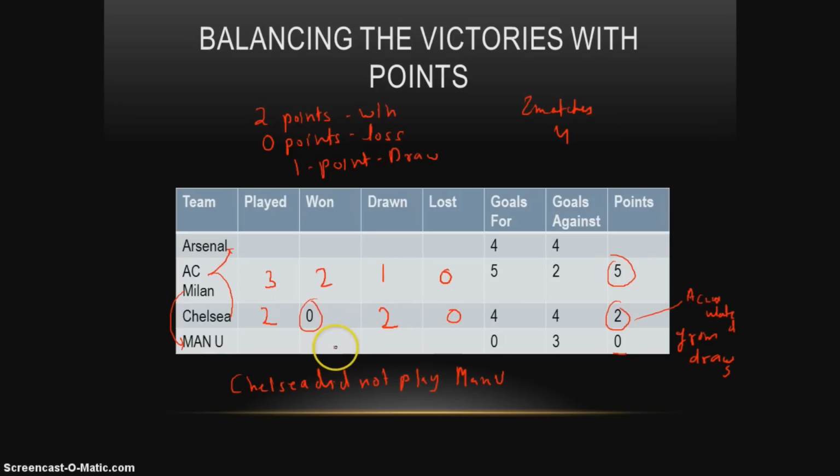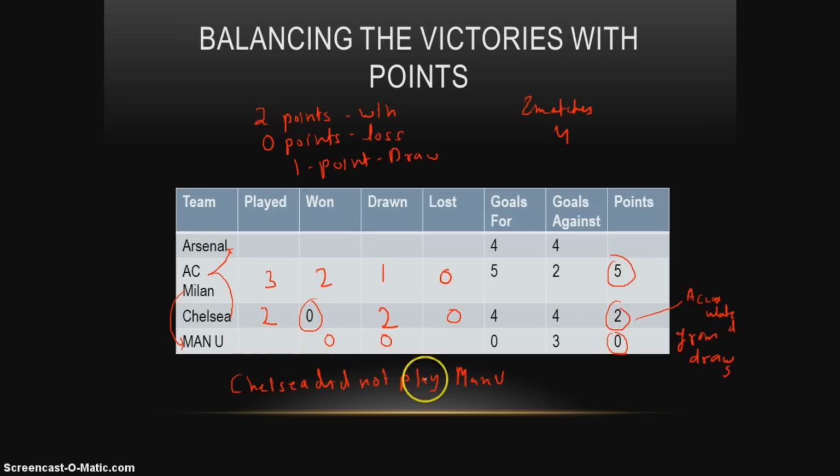Now coming to Man U. Since it has 0 points, we are sure that it has not won any match and also not drawn any match. Why? Because had it won a single match or drawn a single match, it would have had more than 0 points. But still we are not sure how many matches Man U has played.